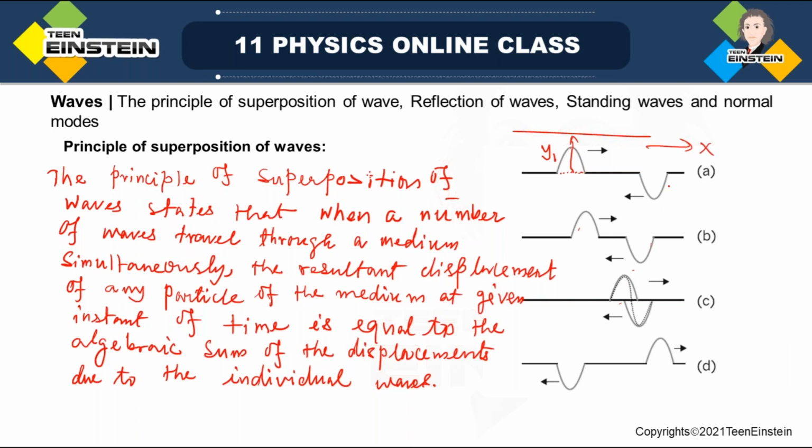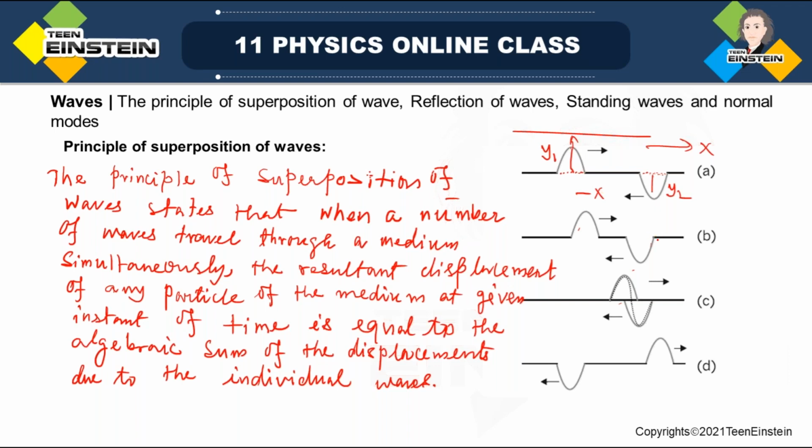And at the other end, another wave of similar amplitude, let us say the displacement this disturbance is producing on this particular element of the string is y2. Now this wave is progressing in the negative x direction.